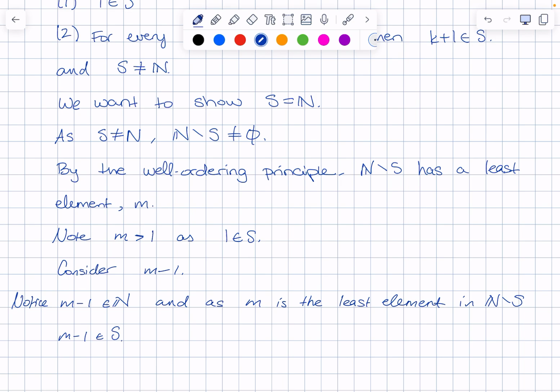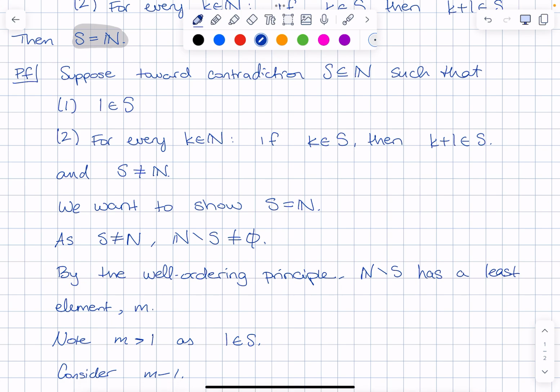What does the second condition give us here? So condition 1, we used that one. Now let's use this condition.